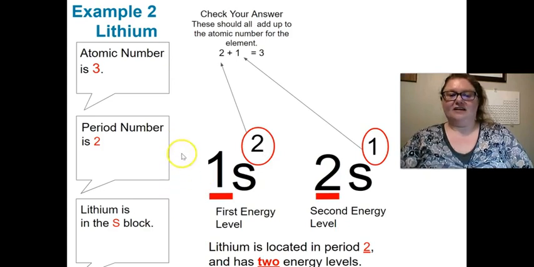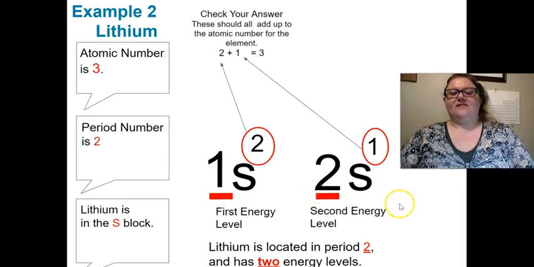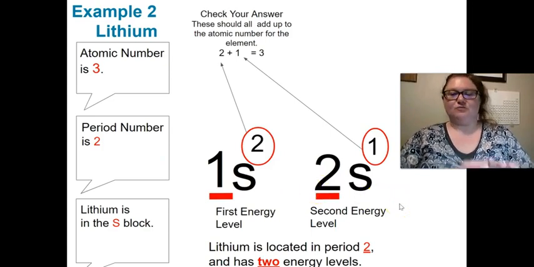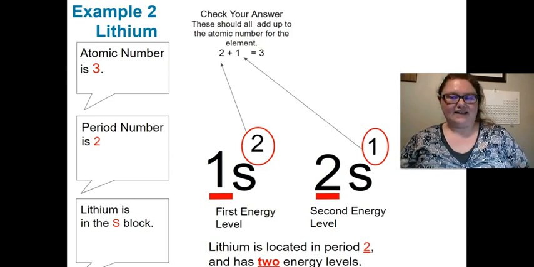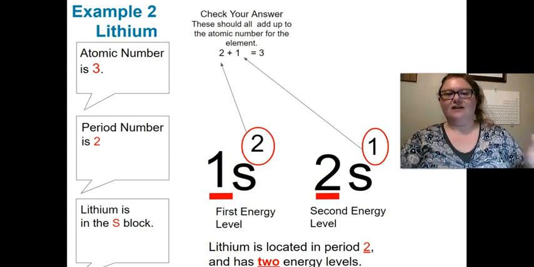I didn't write the 1s1 that relates to where hydrogen was. This electron configuration would be enormous if we did that for every single element. So what we end up doing is consolidating them when we fill a sublevel.